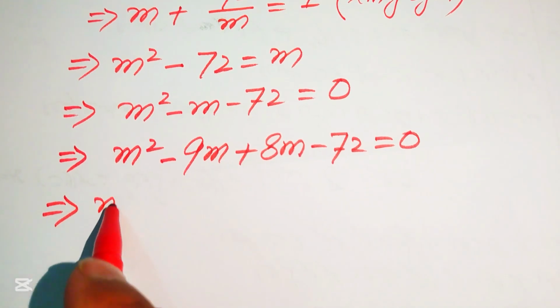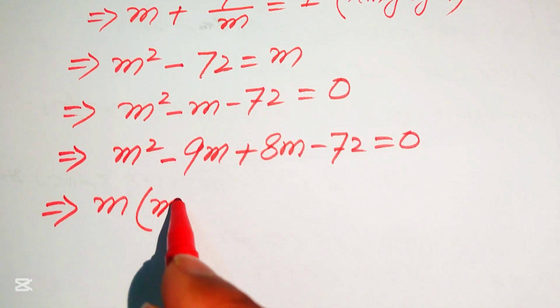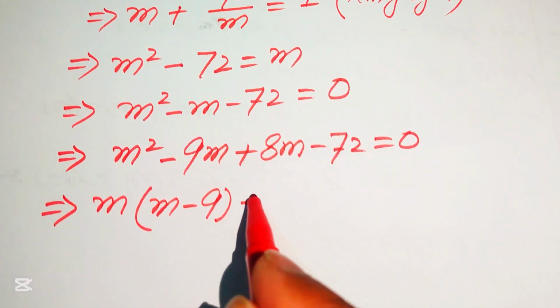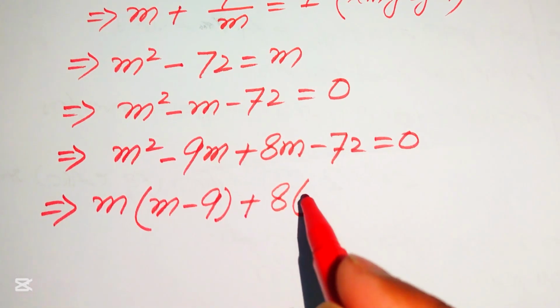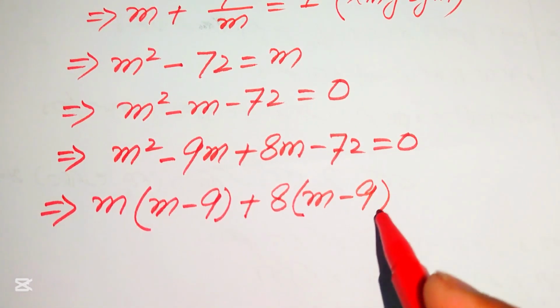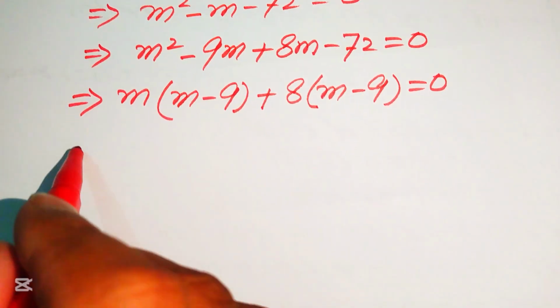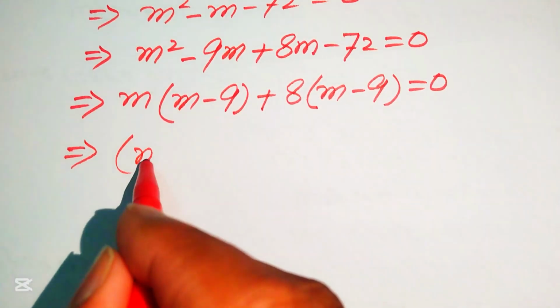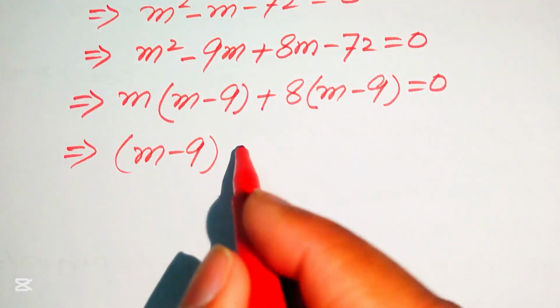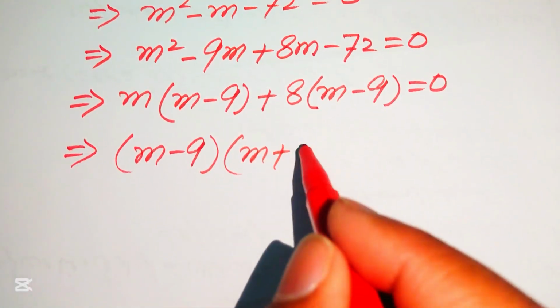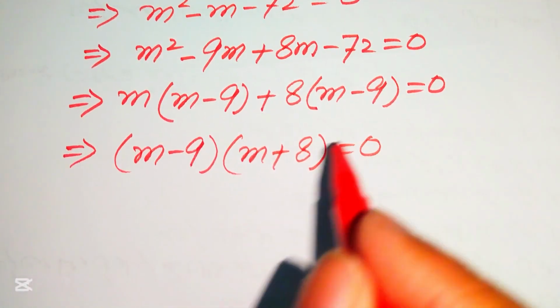So first we take common m from the first two terms, and we get here m minus 9 plus, here we take common 8, and we get m minus 9 equals to 0. And now in the next step, we will take common m minus 9 from both of these factors, and we get m plus 8 equals to 0.